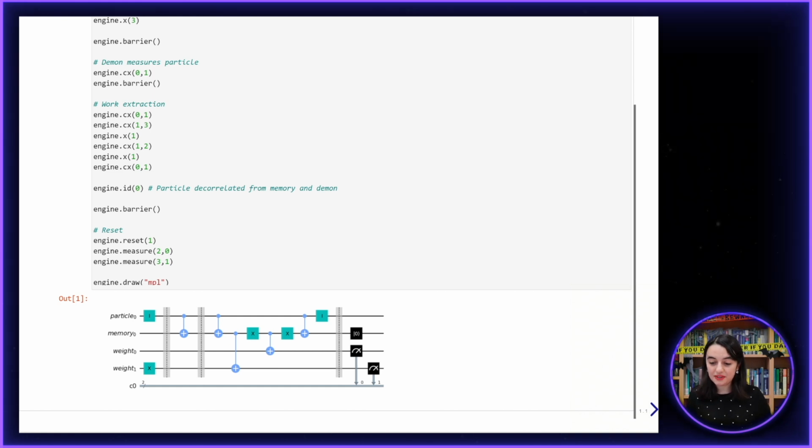Now you can simplify this logic of what happens to the weight qubits depending on the particle qubits using the gates that I've shown here.